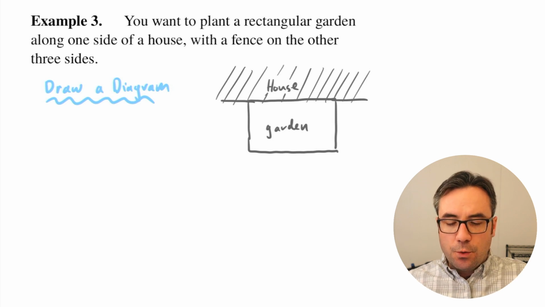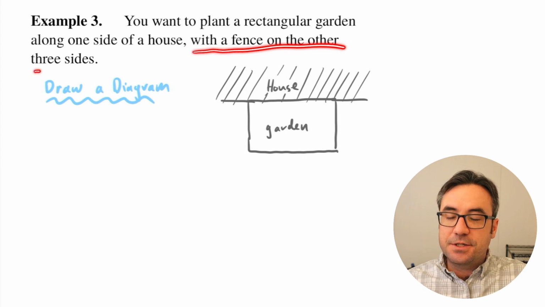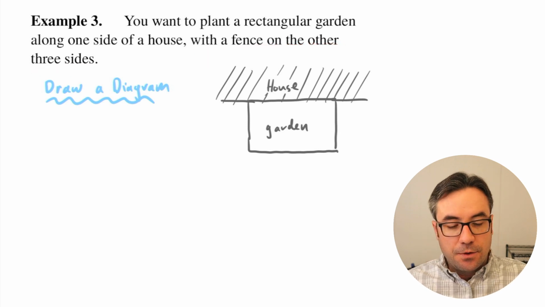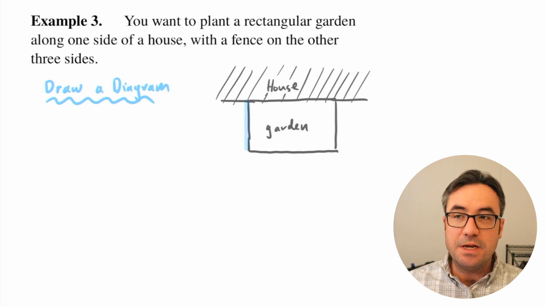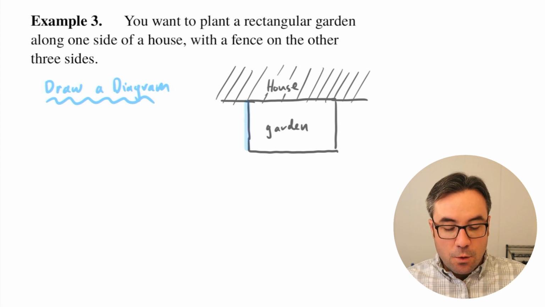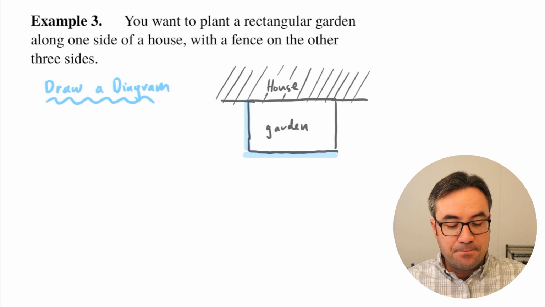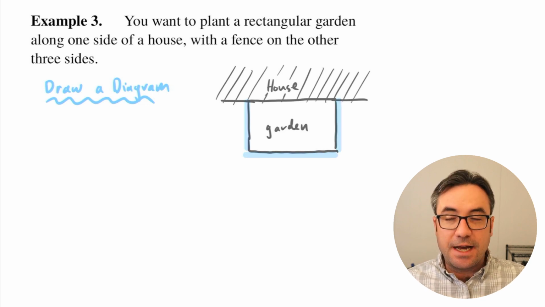And what we're going to do is fence in the three other sides of our garden. So the sides of our garden that are going to get a fence are this side right here. We're going to need a fence for that side. We're going to need a fence for this side. And then we're going to need a fence for this side over here.